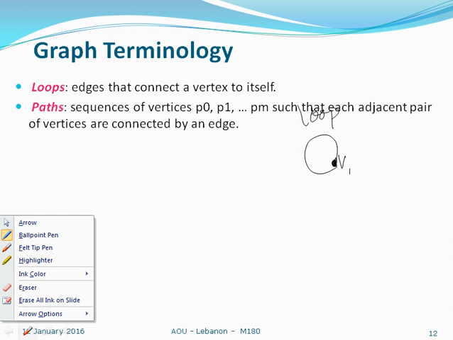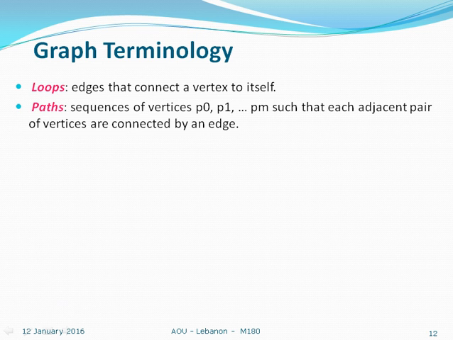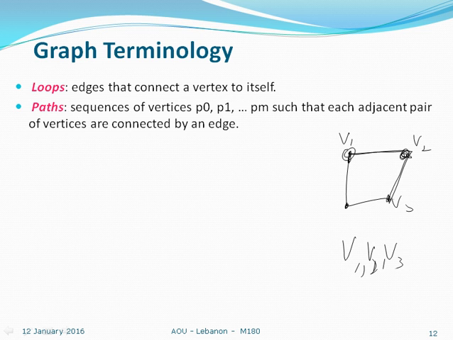For example, if this is a graph, the path from v1 to v3 is v1, v2 and v3.